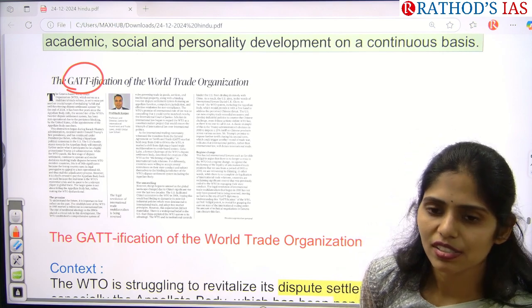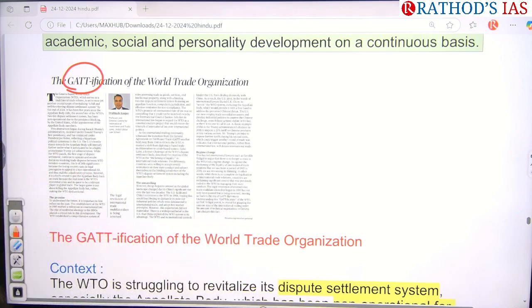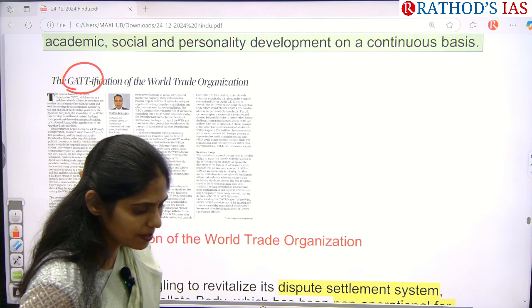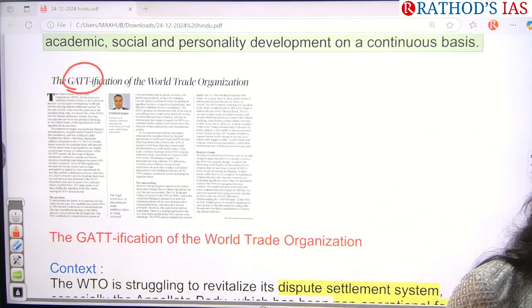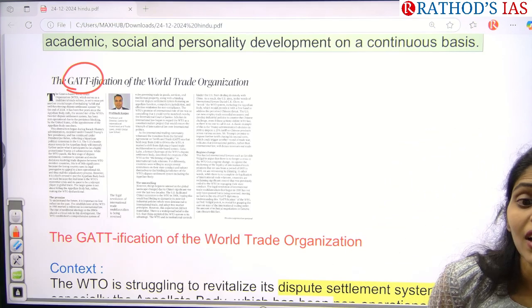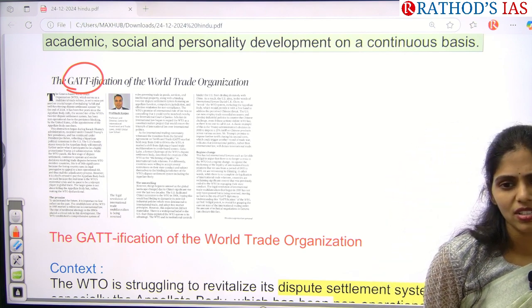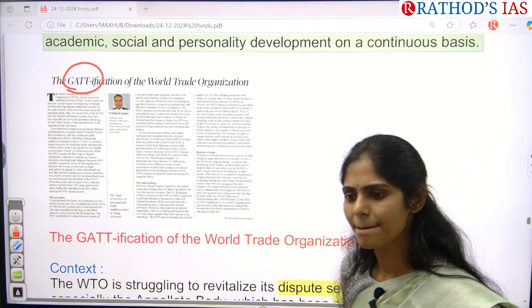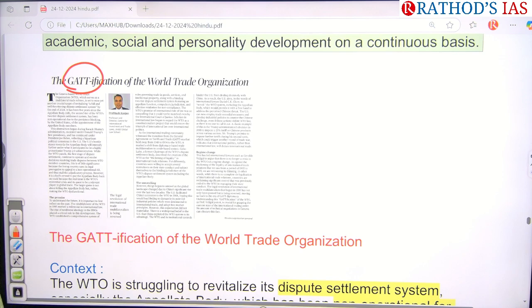What does it do? Trade. What exactly are the aims and objectives of the World Trade Organization? Free trade. Okay, then what is GATT about?